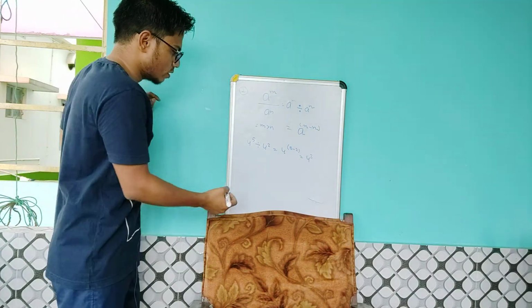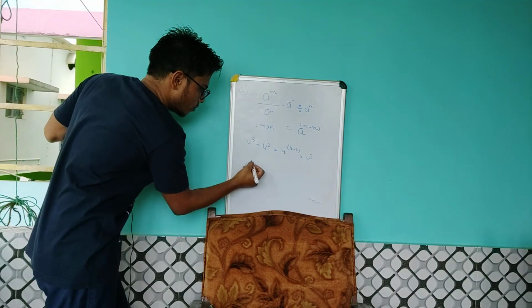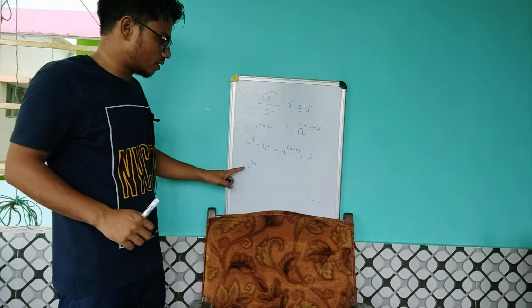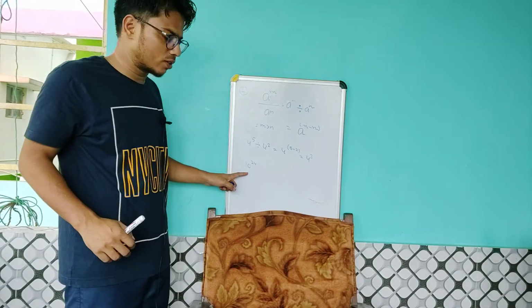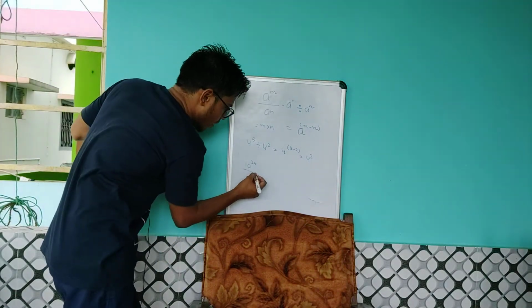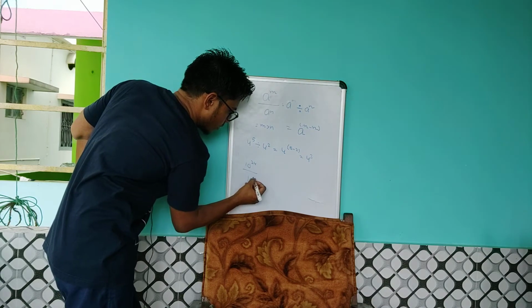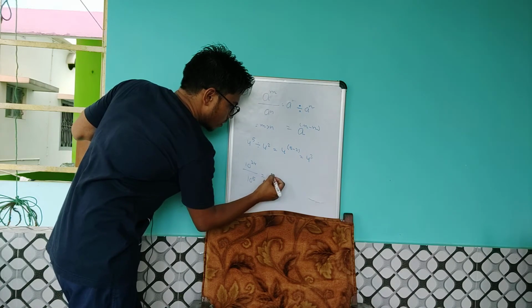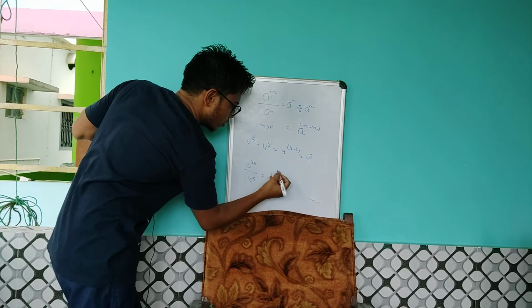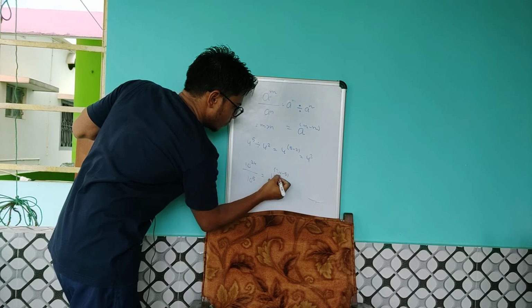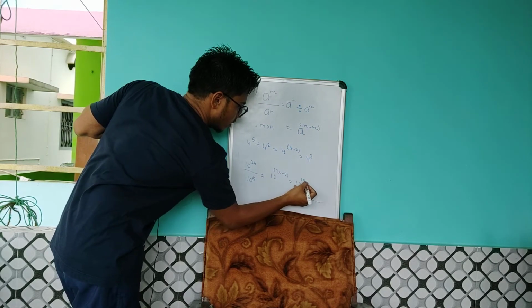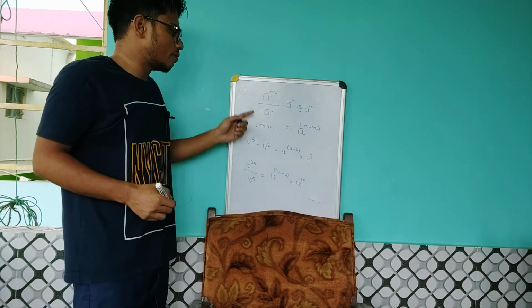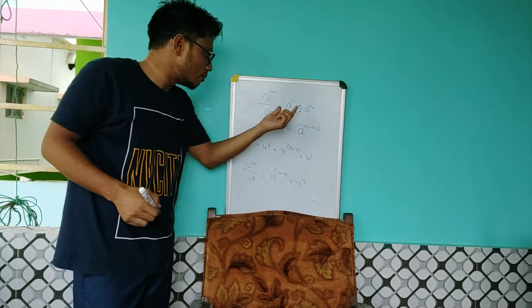For some bigger numbers, let's say 10 to the power 24, which is the order of the mass of the earth, divided by, let's say, 10 to the power 5, we will find 10 to the power 24 minus 5, which is 10 to the power 19. So for bigger numbers, we can always keep in mind this rule.